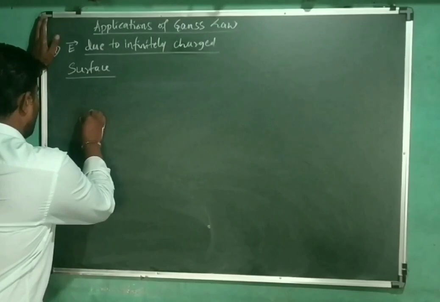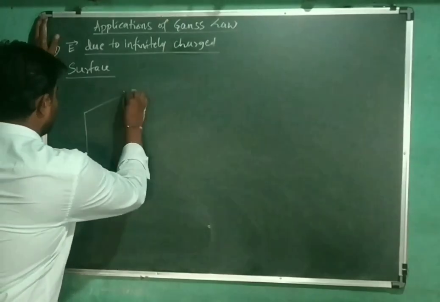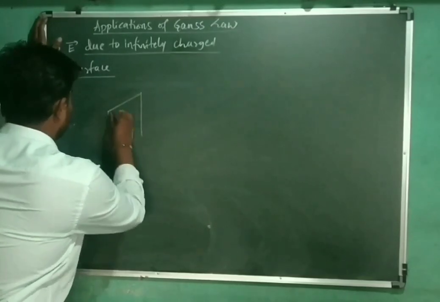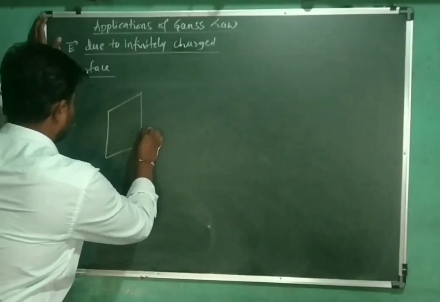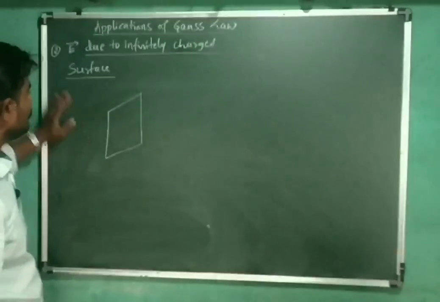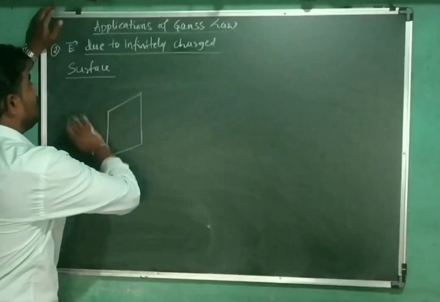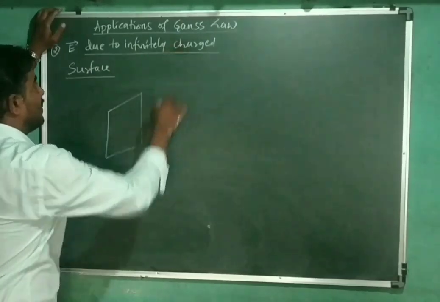It means we have to consider one surface. This is not a small surface actually. Okay, this is a huge surface. Its surface is infinite actually.